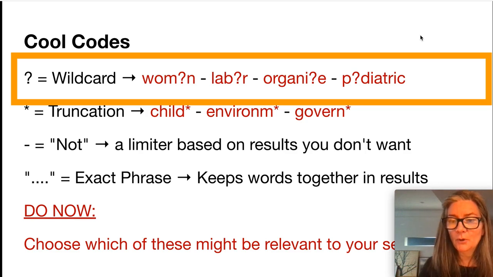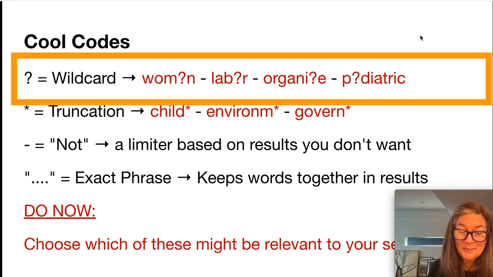That's an example of a plural. It's good for words that are spelled in two different ways in English. So labor with OU in British English and labor with just an O in American English. It will bring you both. Same thing with organize with a Z or an S.